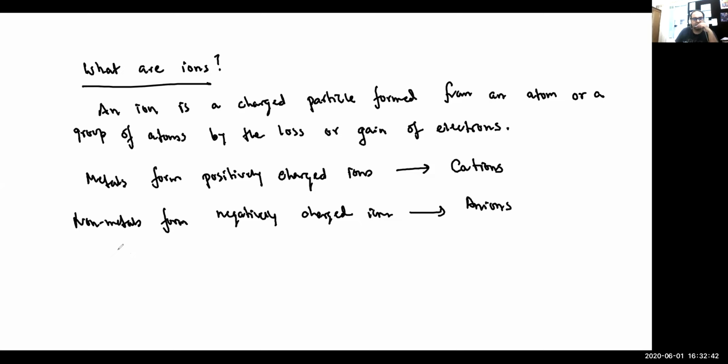Next is how cations form. So let's take magnesium as an example.